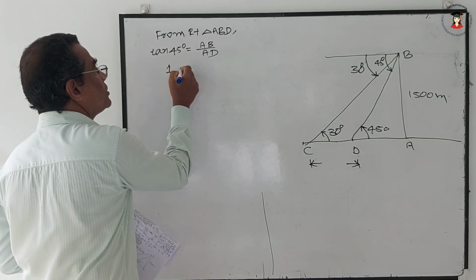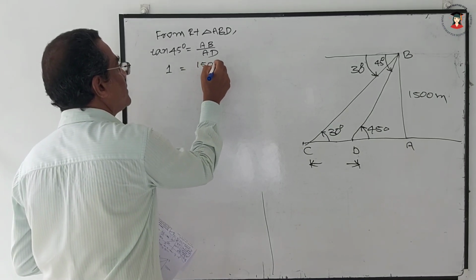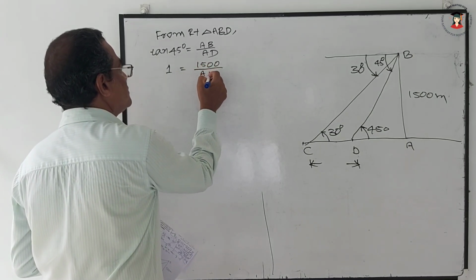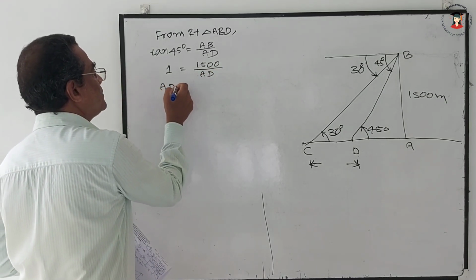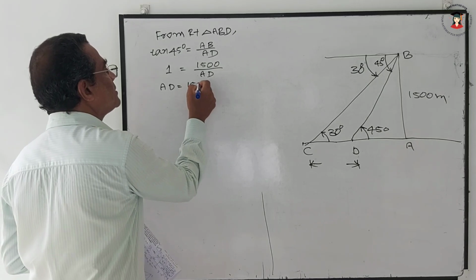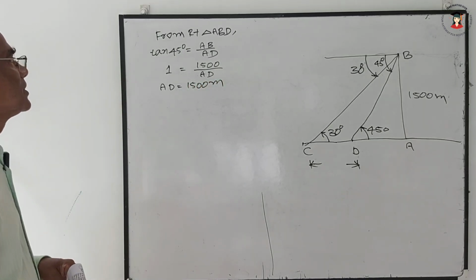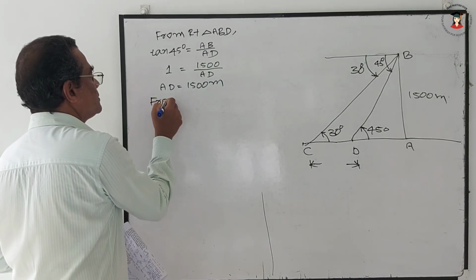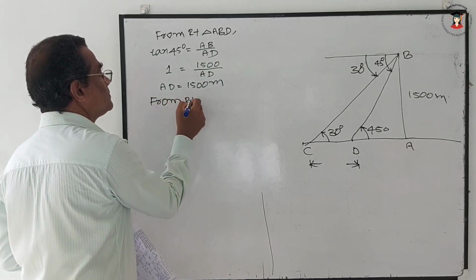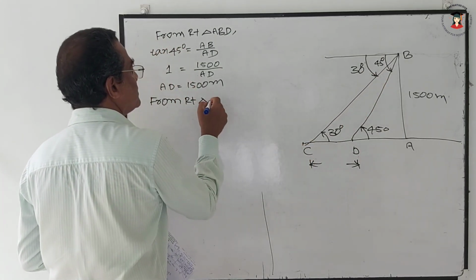That is 1 equal to AB, which is 1500 divided by AD, which implies AD equals 1500 meter. Consider the second triangle ABC.